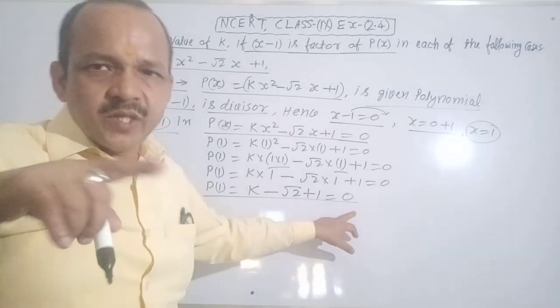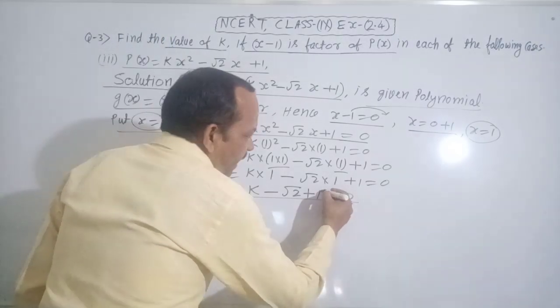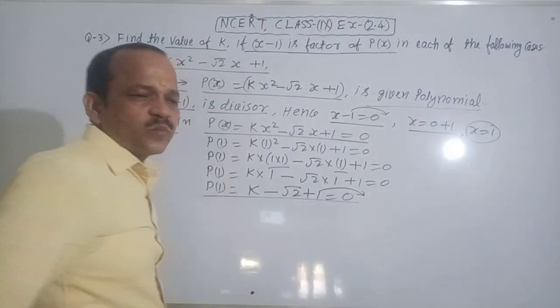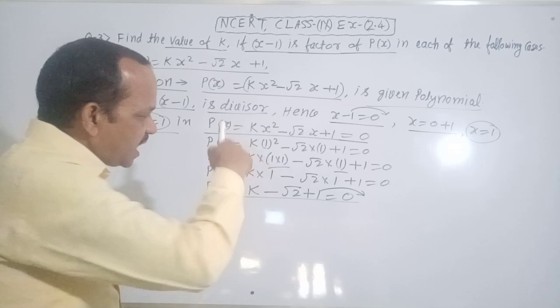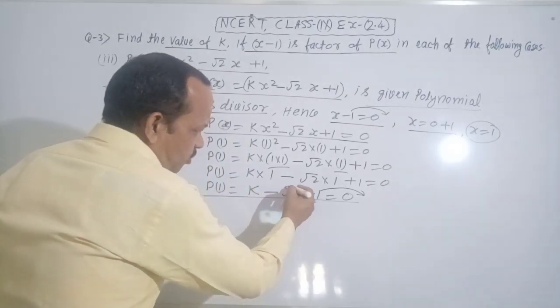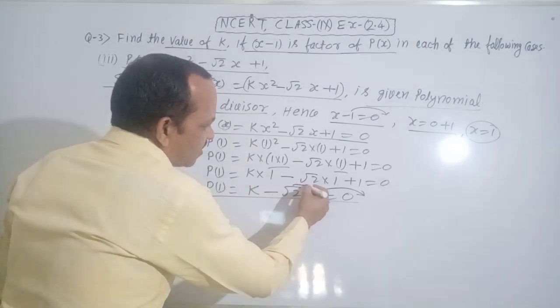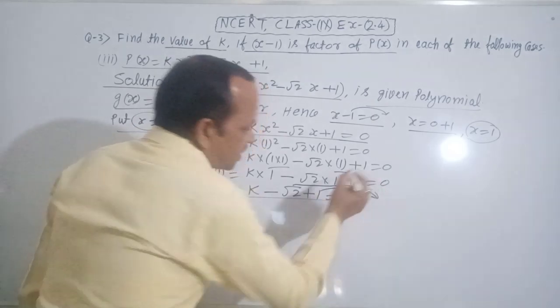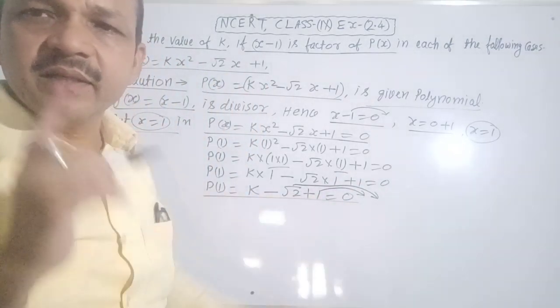It is clear? You can write plus 1 and minus root 2 on the right side of equal. Clear?